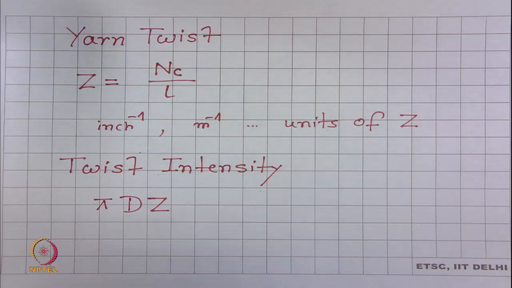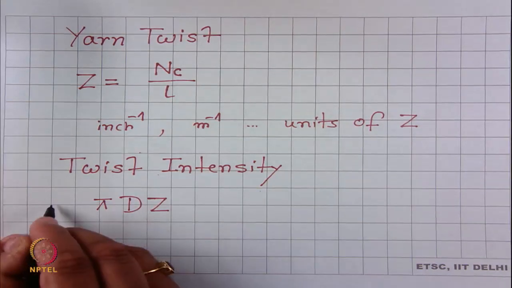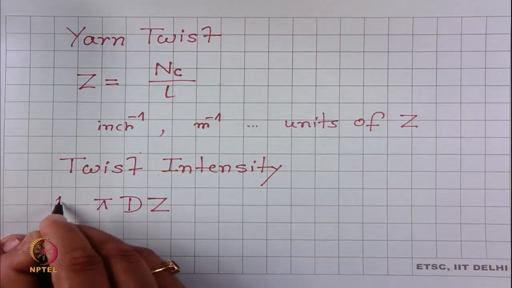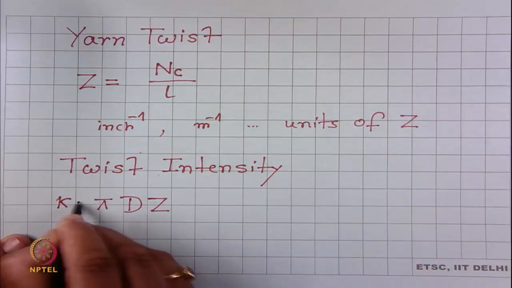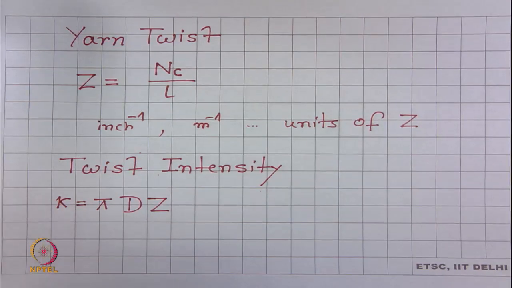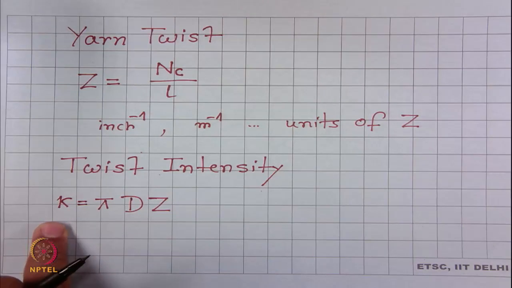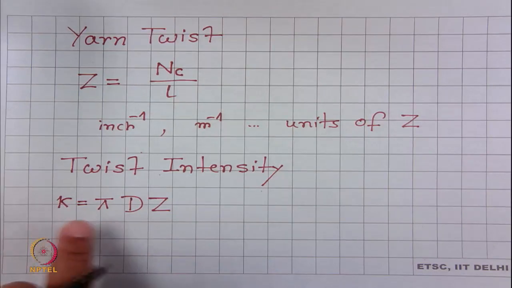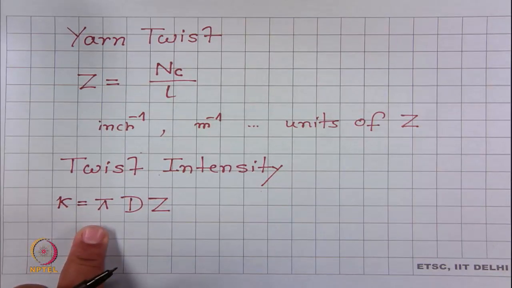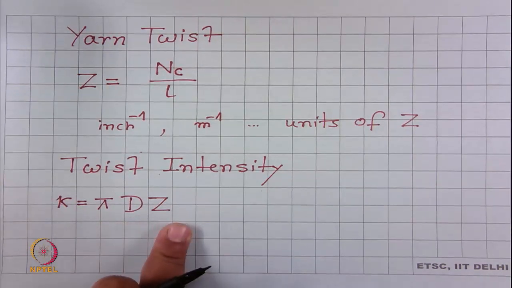If we multiply this quantity by pi, we obtain twist intensity. So, twist intensity is characterized by the symbol kappa, which is equal to pi times d times z.